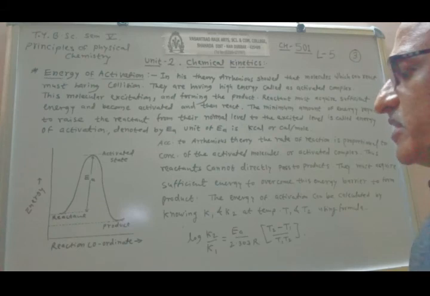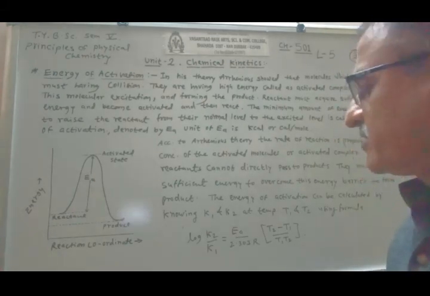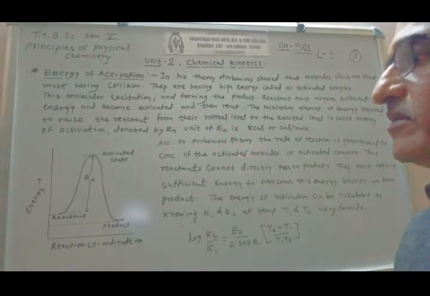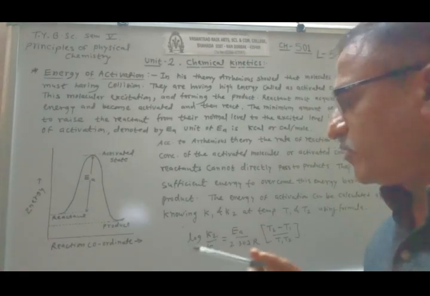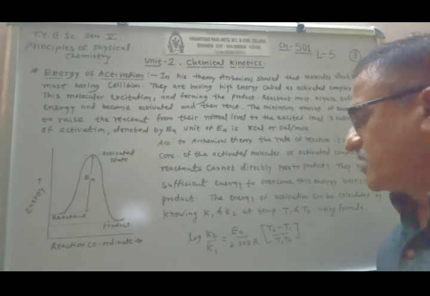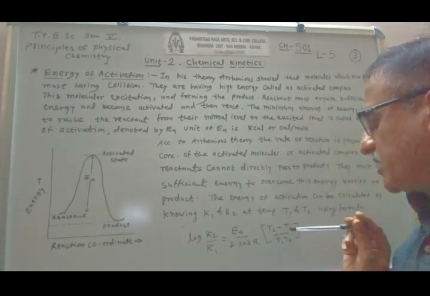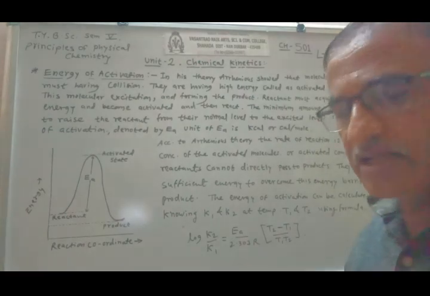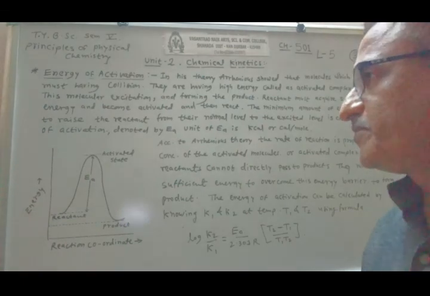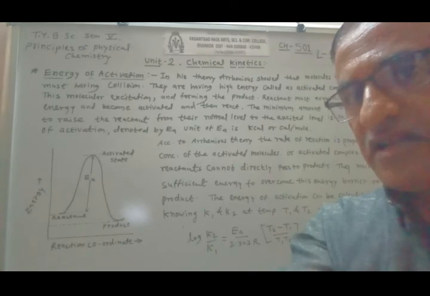It can be calculated by knowing k1 and k2 at temperatures T1 and T2 by the formula which we have already derived: log k2 upon k1 is equal to EA upon 2.303 R into bracket T2 minus T1 divided by T1 T2. In this way we have explained the energy of activation. It is the most important part of the Arrhenius equation.